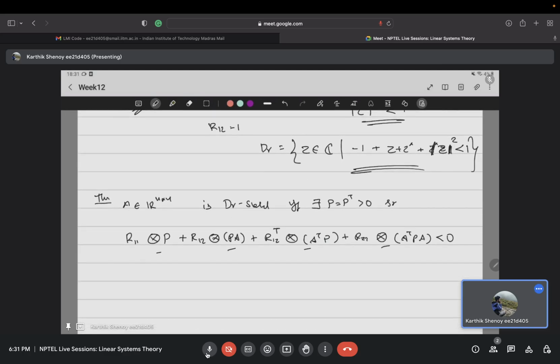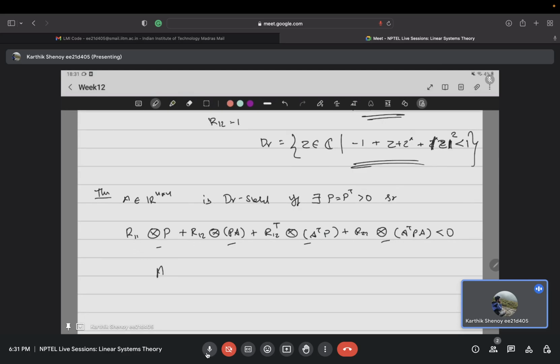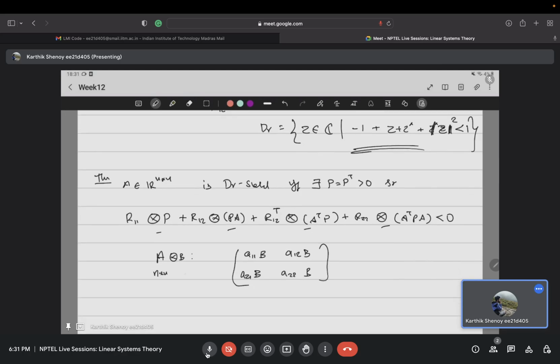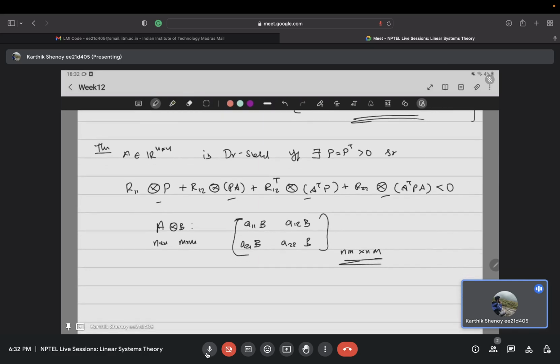It is negative definite, and by Kronecker product we mean something like an element wise operator. You multiply each element of the first matrix by the second matrix. So, let us say A is n cross n and this is m cross m, or it can be any other, it can be rectangular, but for this, this will be an nm cross nm matrix.